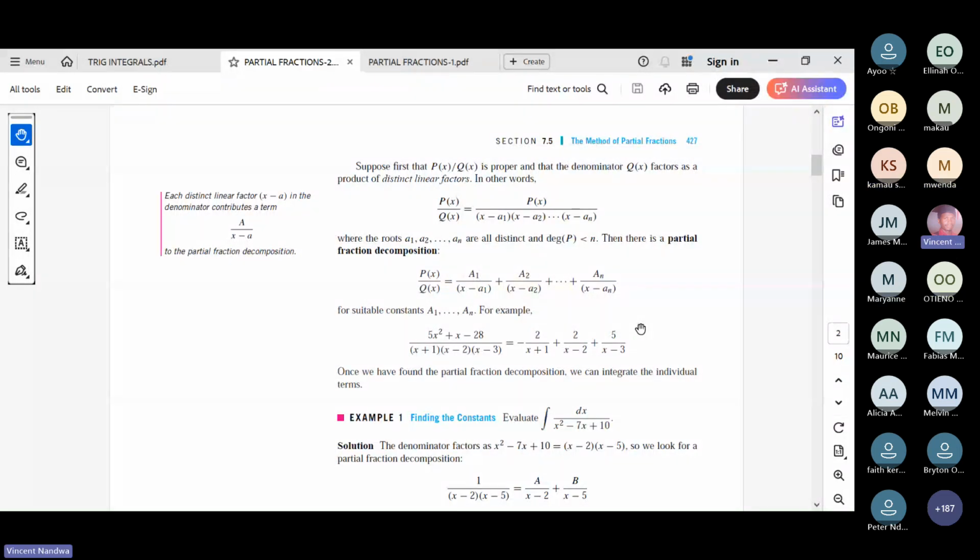So please write that: A1 over x plus 1 plus A2 over x minus 2 plus A3 over x minus 3.